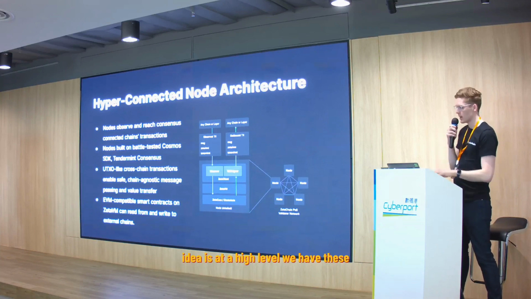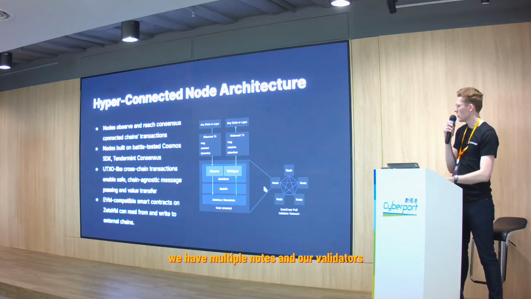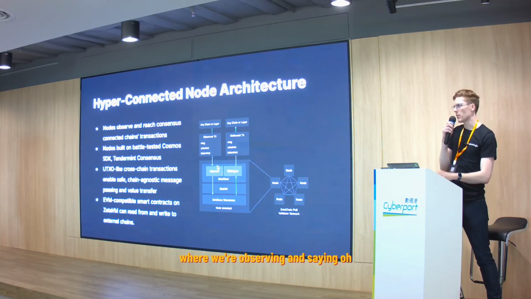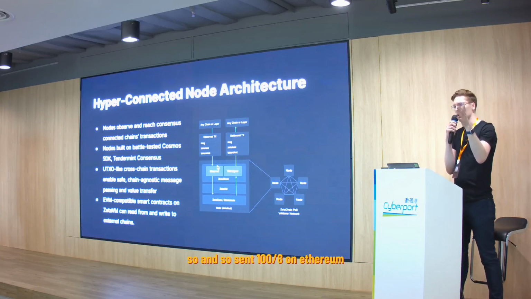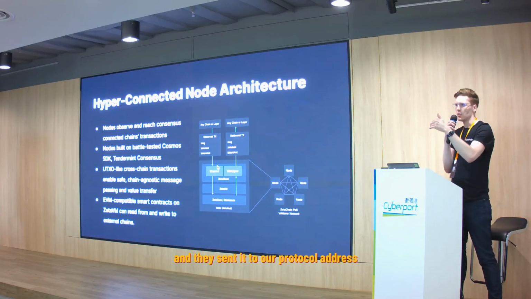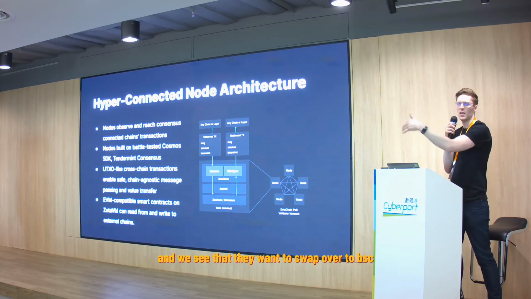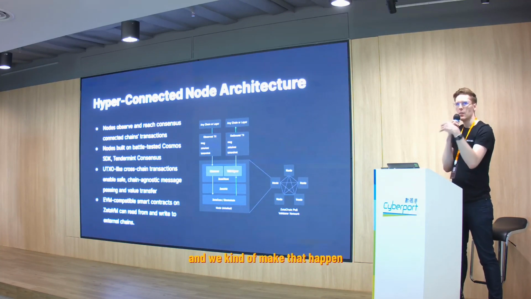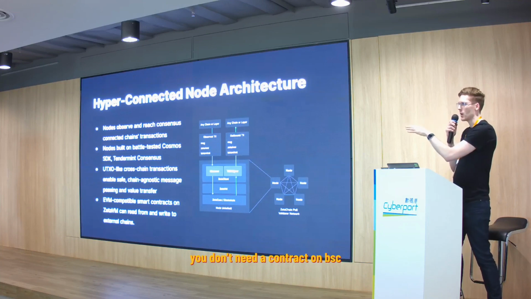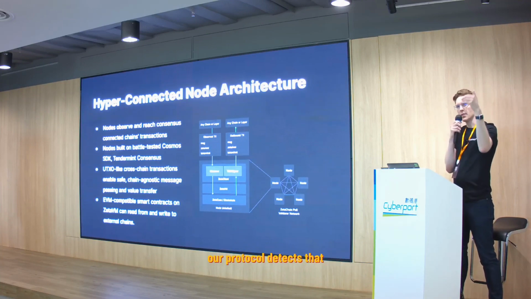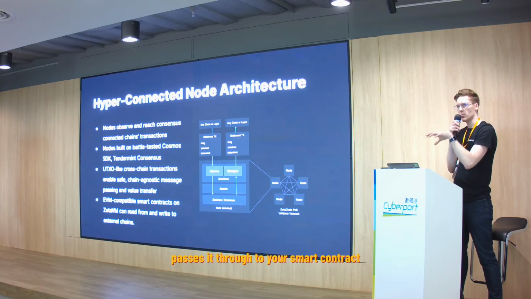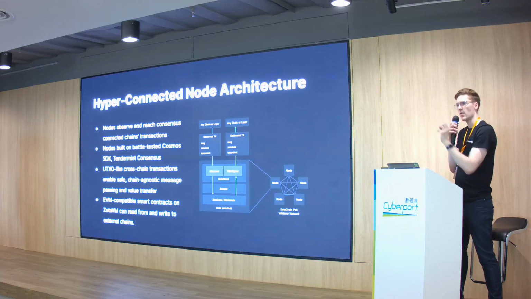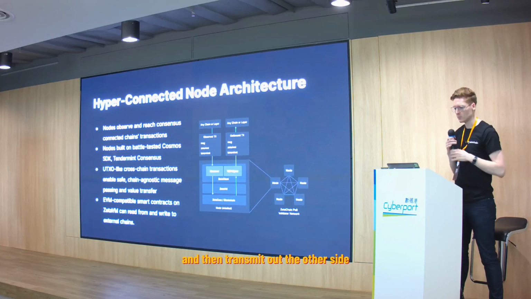At a high level, we have multiple nodes being our validators, and within those there's this observer signer layer where we're observing and saying, oh, so-and-so sent 100 ETH on Ethereum, and they sent it to our protocol address, and we see that they want to swap over to BSC, and we make that happen. You don't need a contract on Ethereum, you don't need a contract on BSC. Our protocol detects that, passes it through to your smart contract that exists on us, and then transmits out the other side.